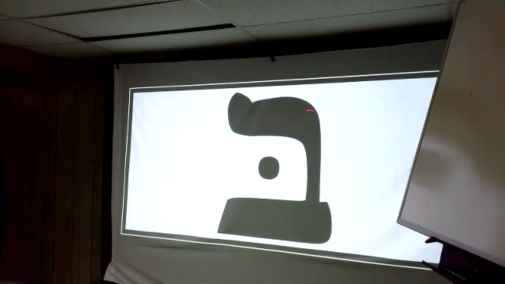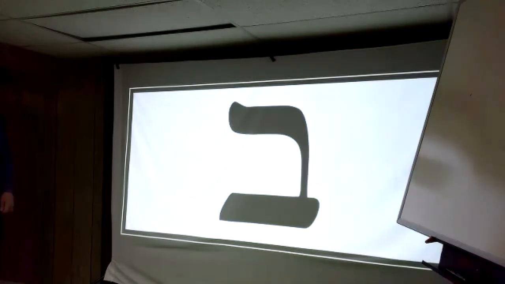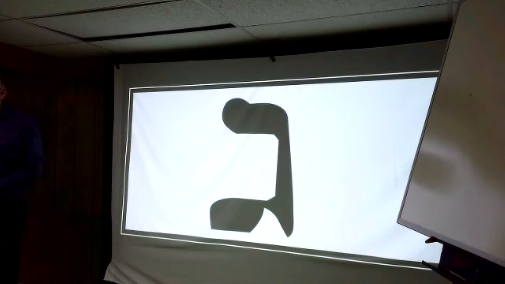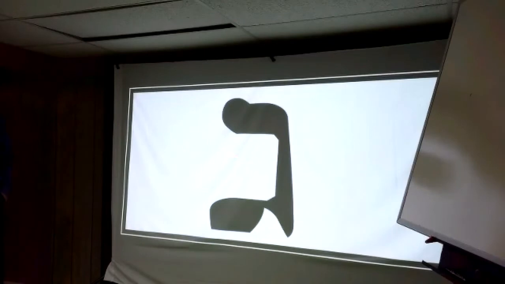All right, so that's the Beit. It's a 3-room house, right? Next letter is the Beit without the person inside. All right? Then the next one, there's that one that kind of confuses you with the Nun, right? But that's the Gimel. And the word that's similar to this is the word gamal.